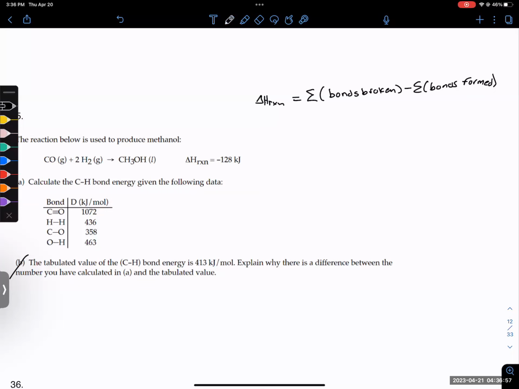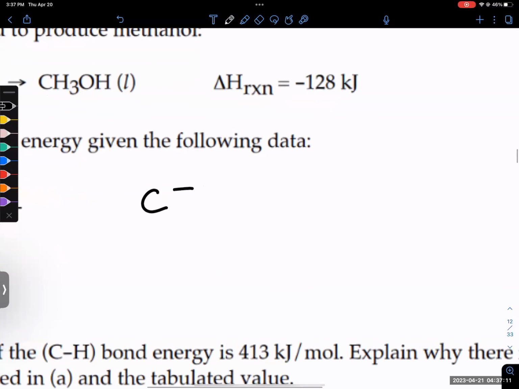So let's see, carbon monoxide looks like what? Is it double bonded? There's a lone pair on carbon, but carbon likes to have 4 bonds, so carbon monoxide actually is a triple bond.